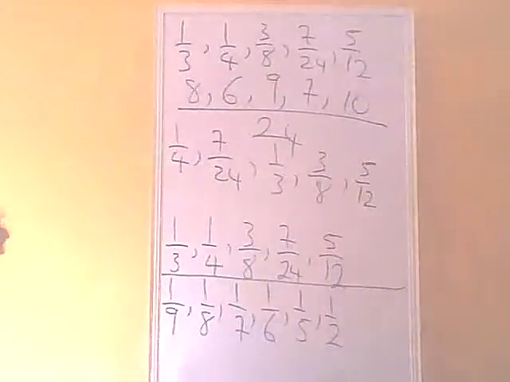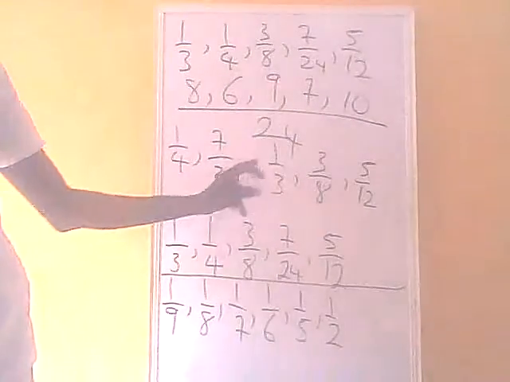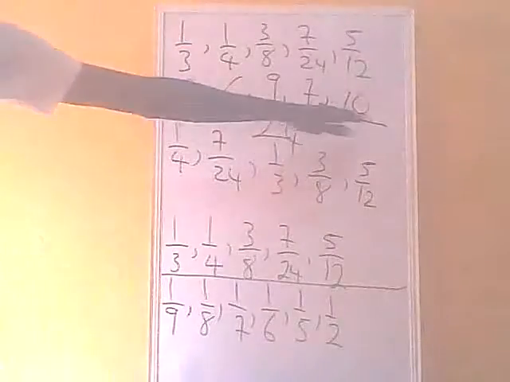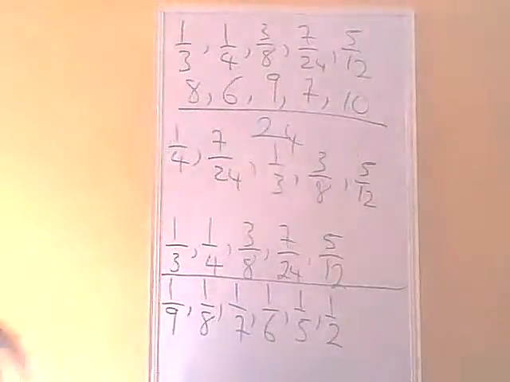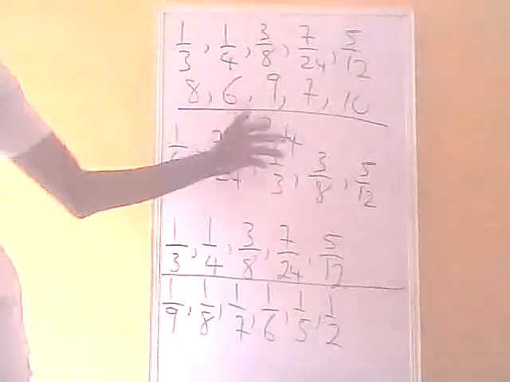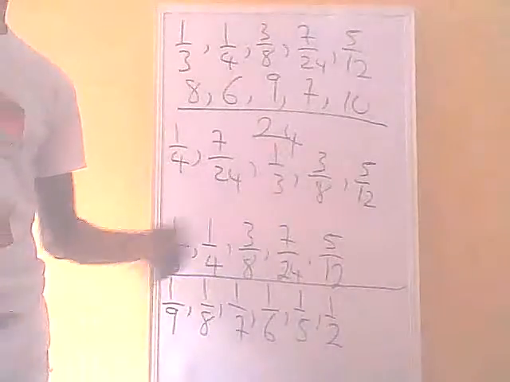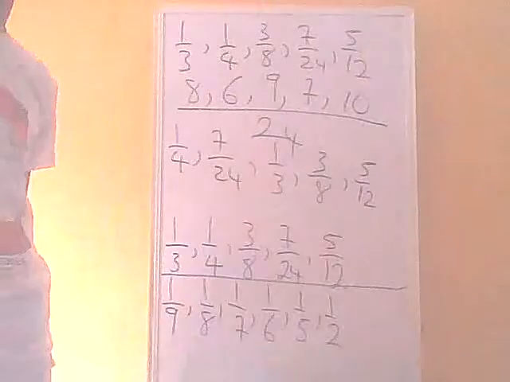Somebody might want to say 7 out of 24 is bigger than this, but placing them on a common denominator helps us arrange fractions when they have different numerators and different denominators. I hope this helps to buttress our previous video.